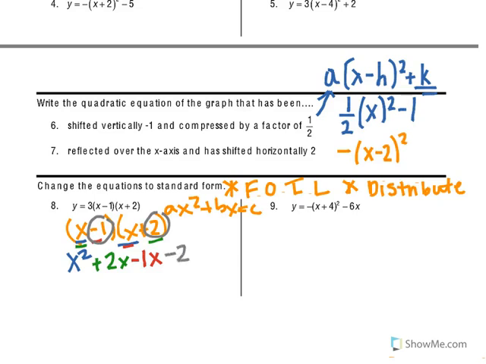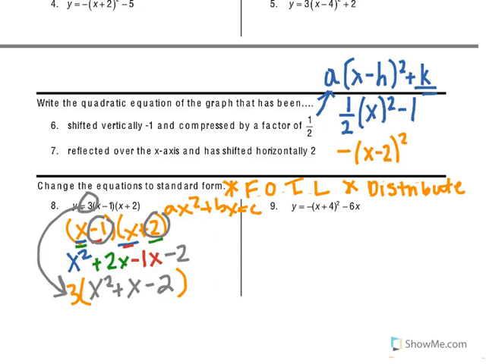So now we're going to combine those. So x squared plus x minus 2. Okay, so now we can't forget about our 3. Now we can distribute the 3. We're going to distribute the 3 to everything.